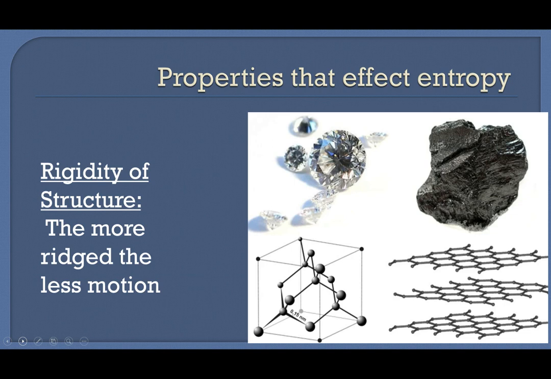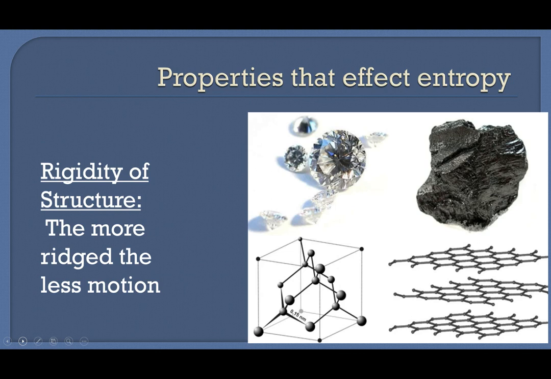So here we see what your textbook calls allotropes. Allotropes just tell us that it's the same atom, same state, just in a different form. So the carbon atoms have come together in a slightly different manner. The big difference between diamonds and graphite is just the rigidity of those structures.